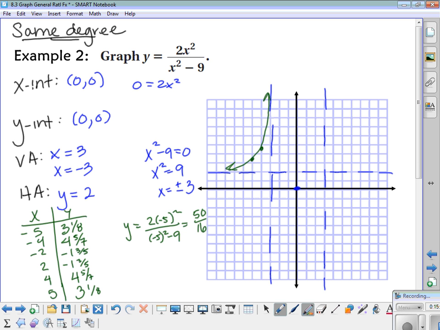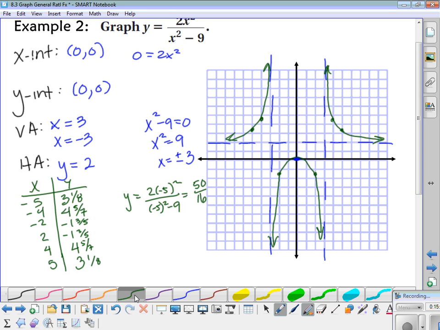Then if I plot the -2, -1 3/5, and +2, -1 3/5, the center is doing something like this. And then on the other side, plot those points as well. And so that's what my graph will look like.